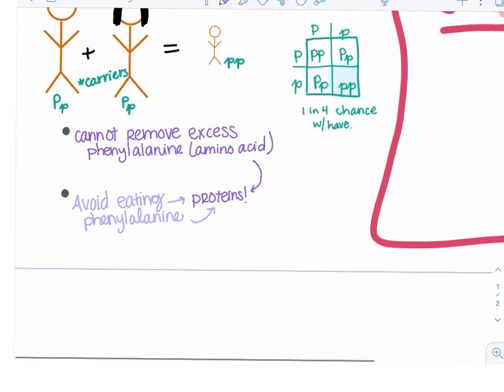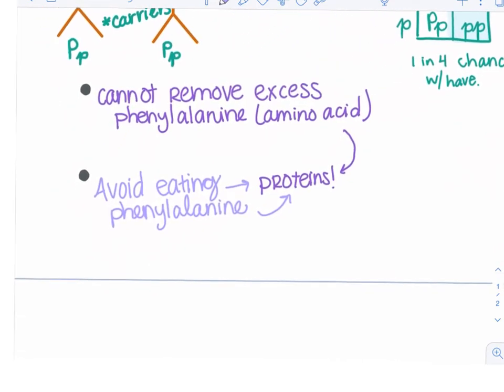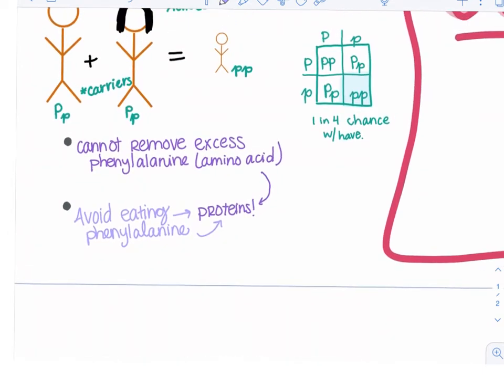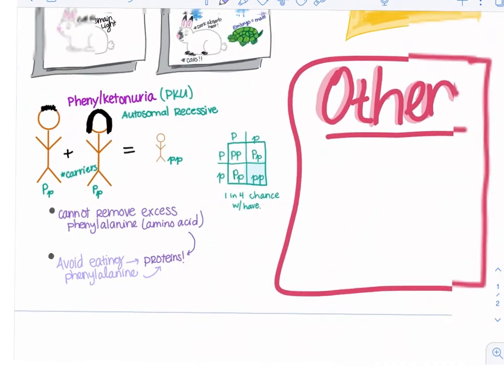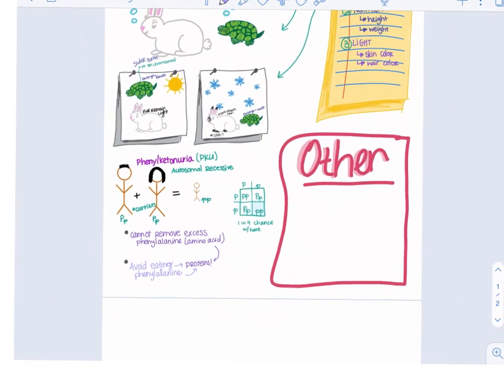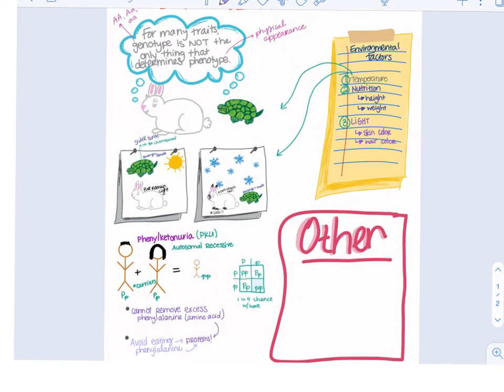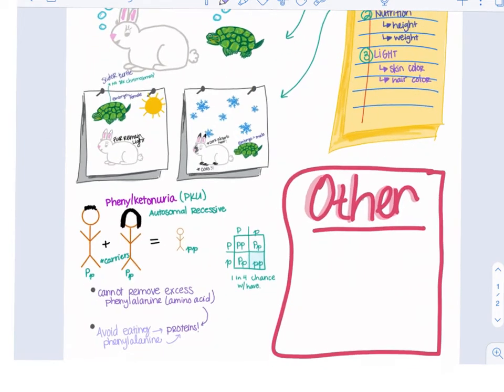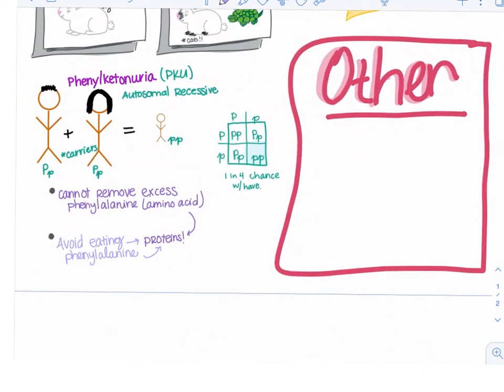And so if you have PKU, you have to be a little bit more strategic when it comes to getting your required amount of protein in your diet, because you need to find proteins that do not have phenylalanine in them. But other than that, if you can avoid eating phenylalanine, they develop completely normal, physically, mentally, all of those things. So again, we can alter our phenotype by our nutrition. If we avoid that, then our phenotype will not be affected.